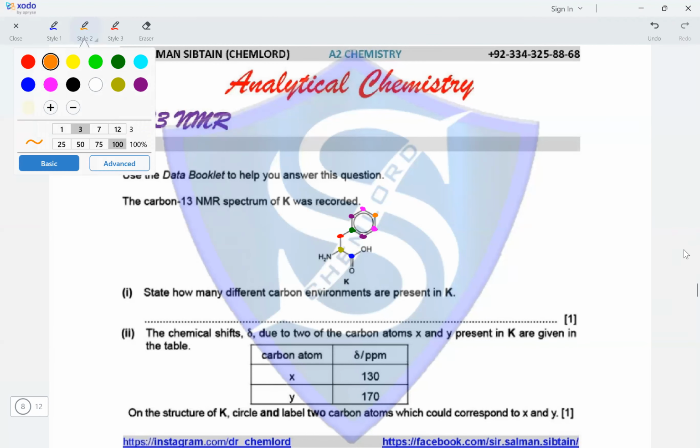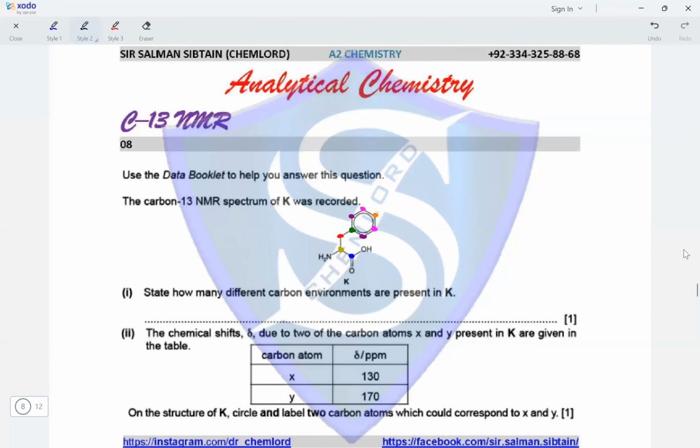So in total, we have, let's count, one, two, three, four, five, six, and seven. Seven environments for structure K. Therefore, state how many different carbon environments are present in K? Seven environments.